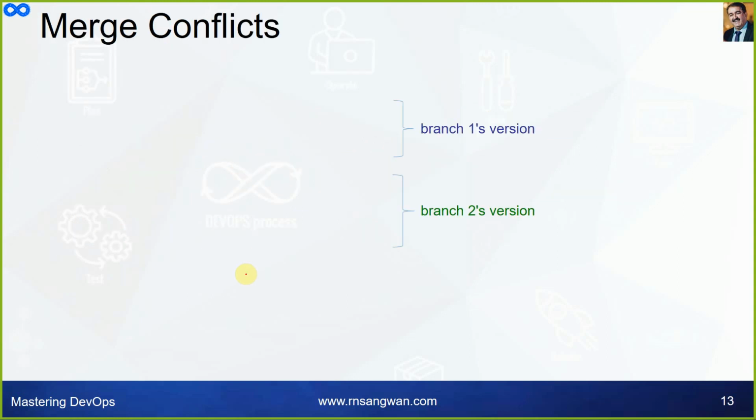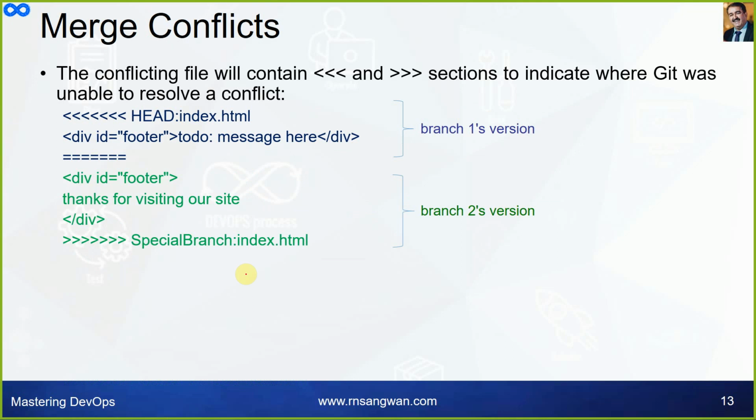Now how do we merge conflicts? We have two branches. The conflicting file will contain these angle brackets, three times, opening and closing, sections to indicate where Git was unable to resolve the conflict. That's for you to look after. So this is the starting point. This is where the original part in HEAD in index.html is referring to this, whereas in this it is referring to something else in your special branch in this file.